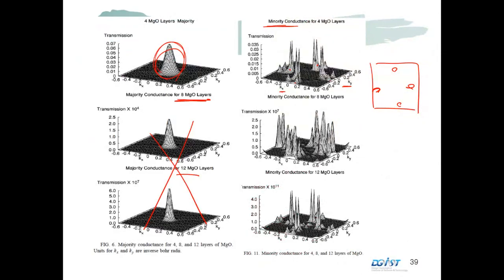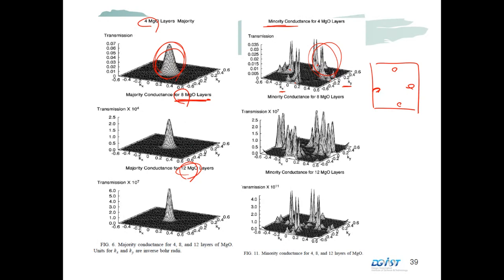So if you talk about the full band structure, we still have not 100% spin polarization. If we had 100% spin polarization, then it should be 0. And let's think about the thicker MgO layer here. Sorry, this is 4, 8, 12.